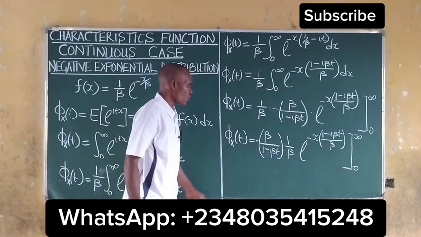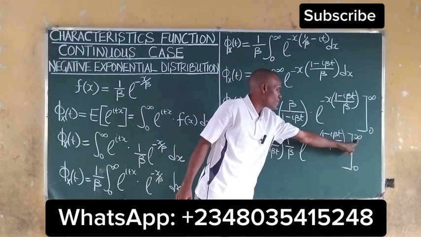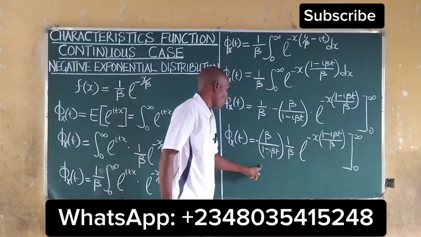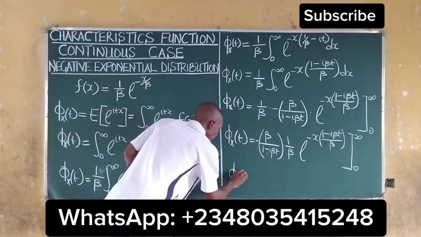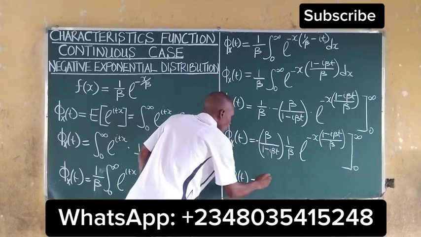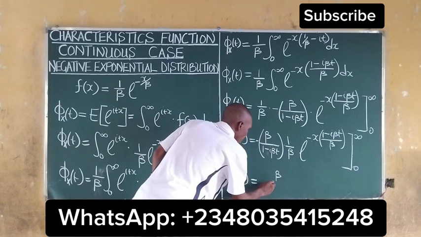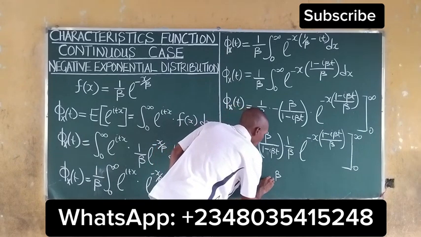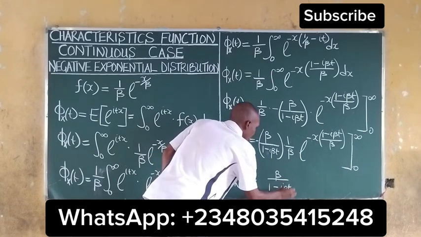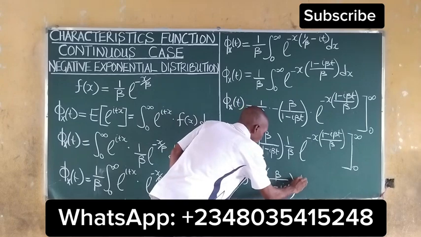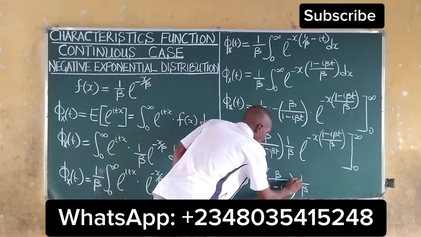So if we impute the limits here, with infinity, we will be left with our characteristic function equal to beta all over 1 minus i beta t multiplied by 1 all over beta.